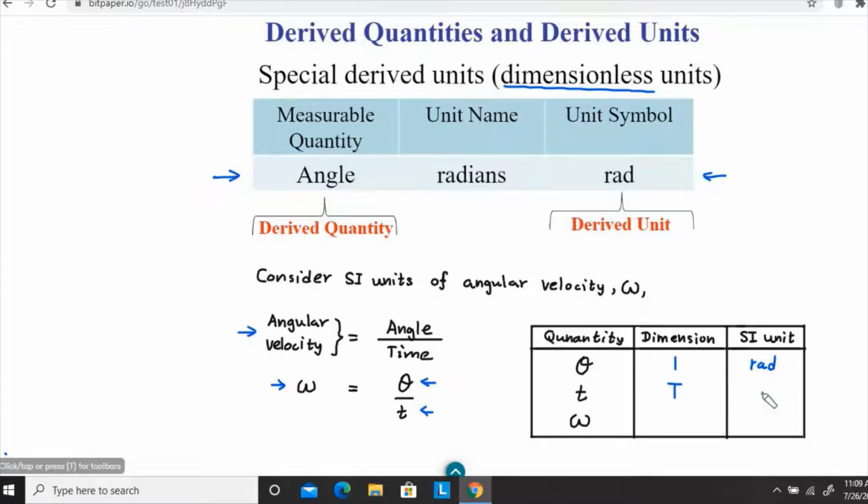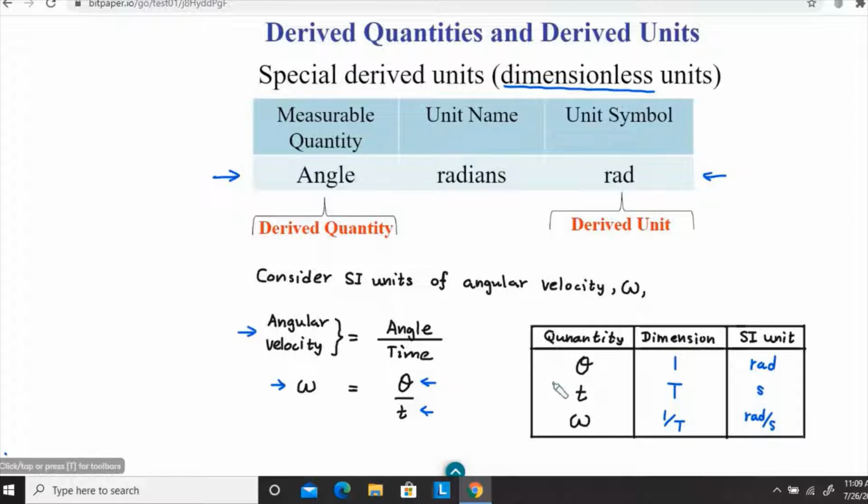The SI unit for time is seconds, or s. So from the definition, omega is theta over t. So I'll put the dimensions of omega as 1 over t. The units would be radians per second.